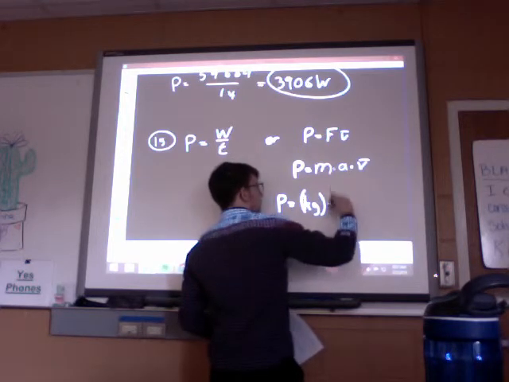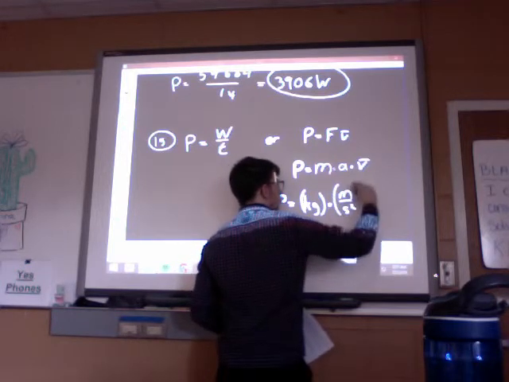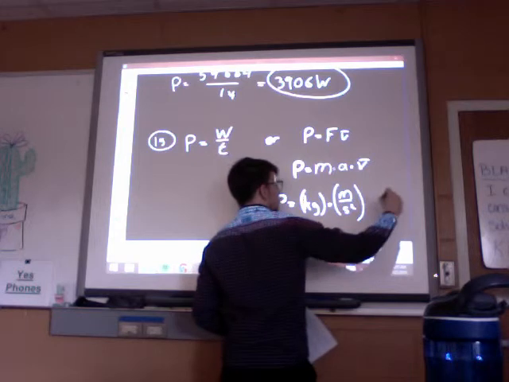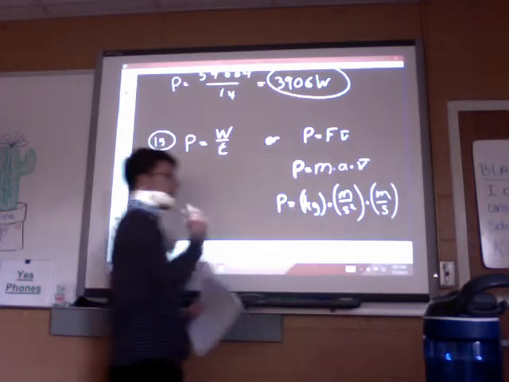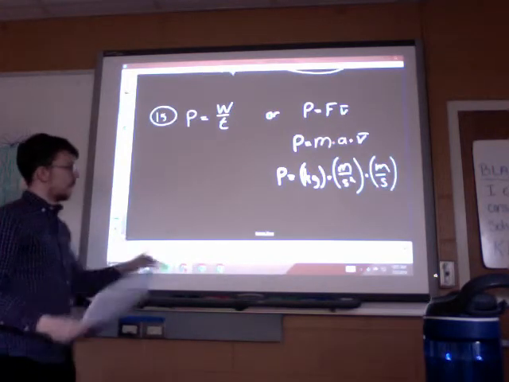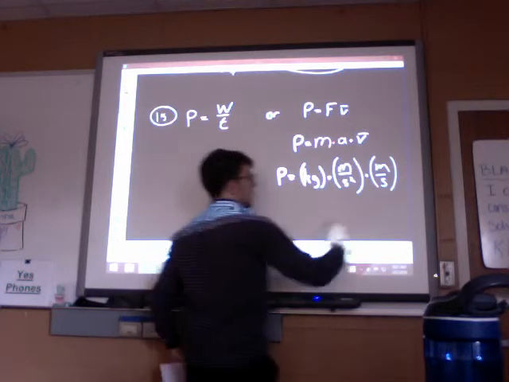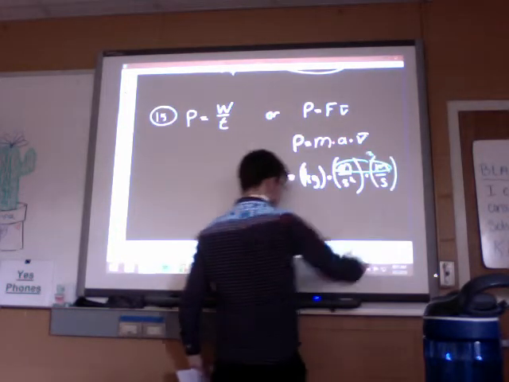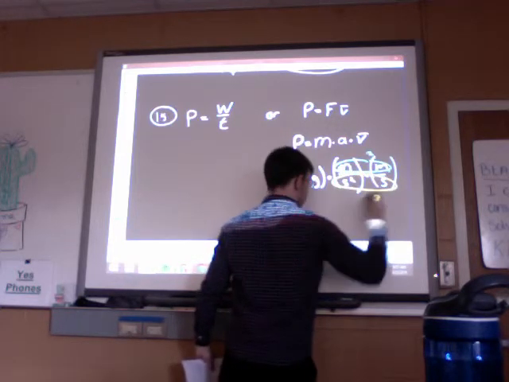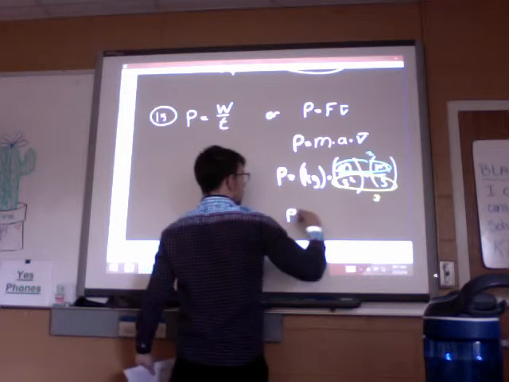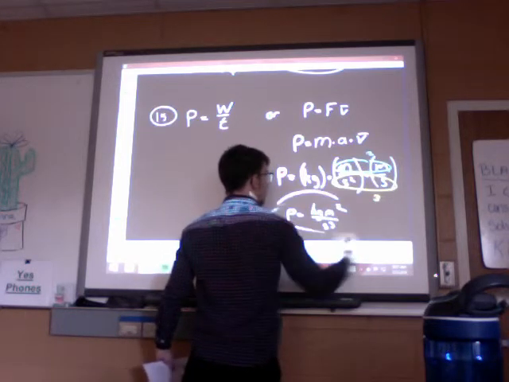Units for acceleration, meters per second squared. And for velocity, meters per second. Bam, there's our answer. Kilograms times meters squared, divided by seconds cubed. So, power is kilogram meter squared per second cubed.